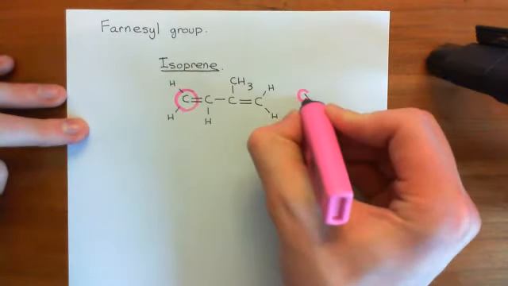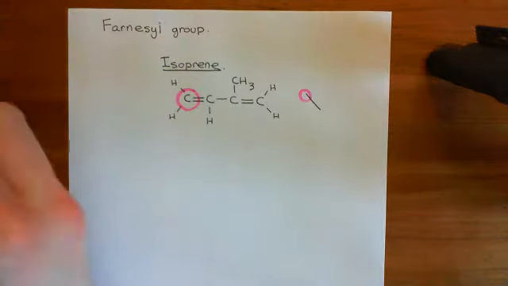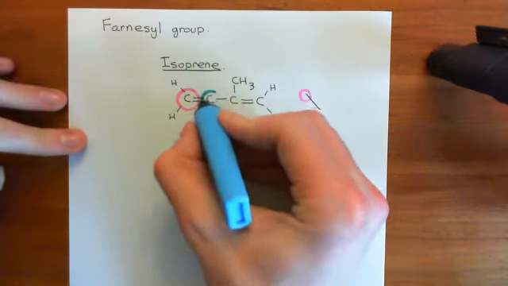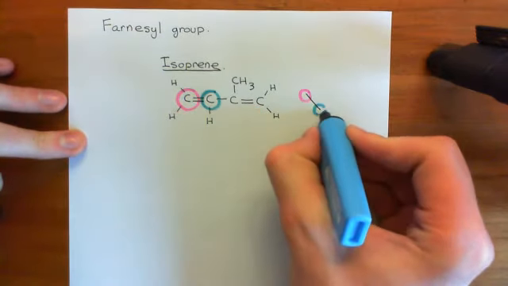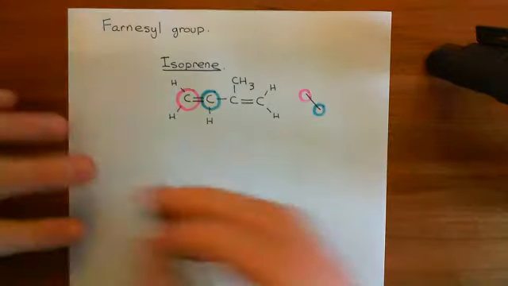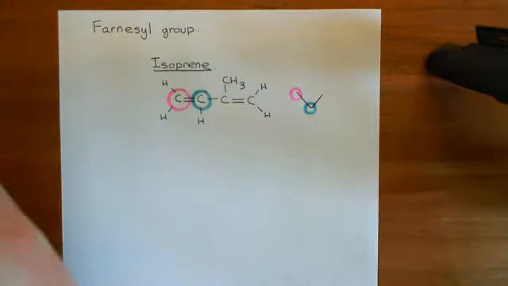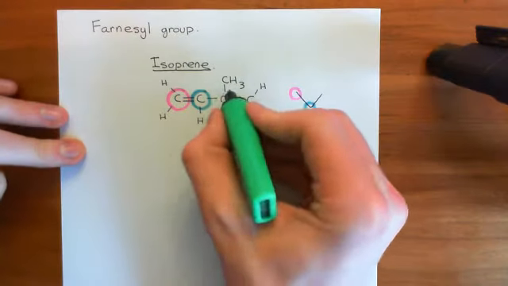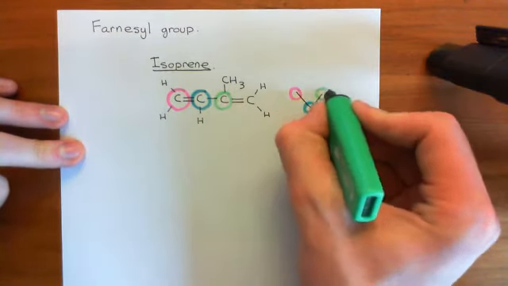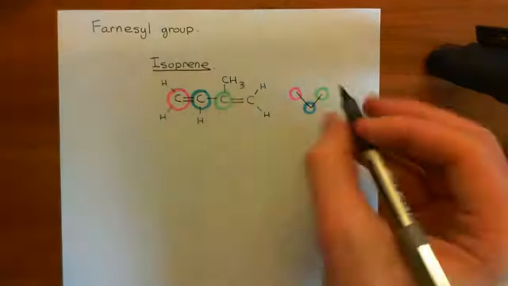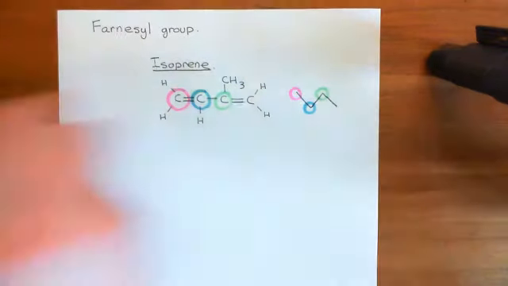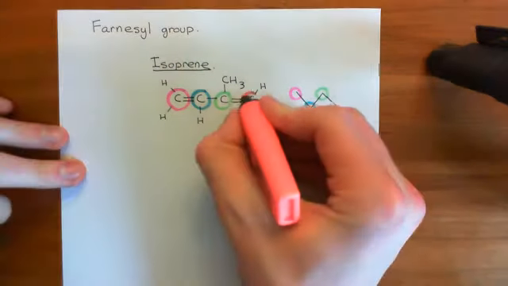This is our first carbon here in pink. Here's our second carbon in blue here. Here is our third carbon over here, which I'll colour in green. So this one up here, this is our third carbon, and then our fourth carbon is down here, and this one we'll have in red.